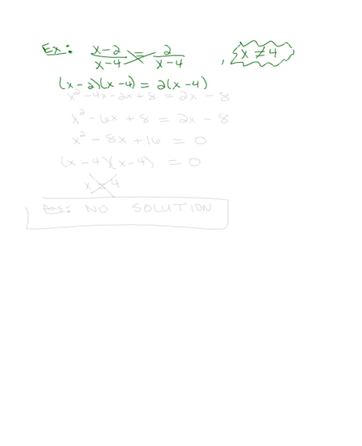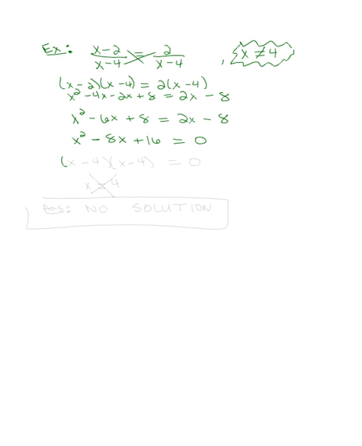We can FOIL this out. We get x squared minus 4x minus 2x plus 8 equals 2x minus 8. x squared minus 6x plus 8 equals 2x minus 8. If we bring everything to one side, we get x squared minus 8x plus 16 equals 0.